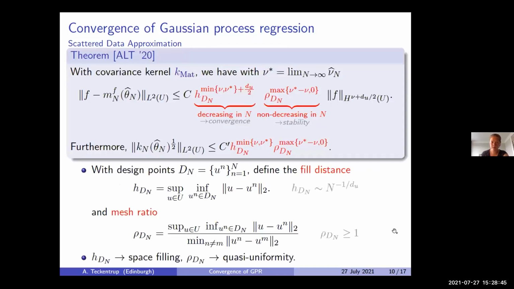Right. So this is a horrible slide with a lot of technical details, but let me try and walk you through the main points. This is an error bound that tells you something about the convergence and what happens as n tends to infinity.